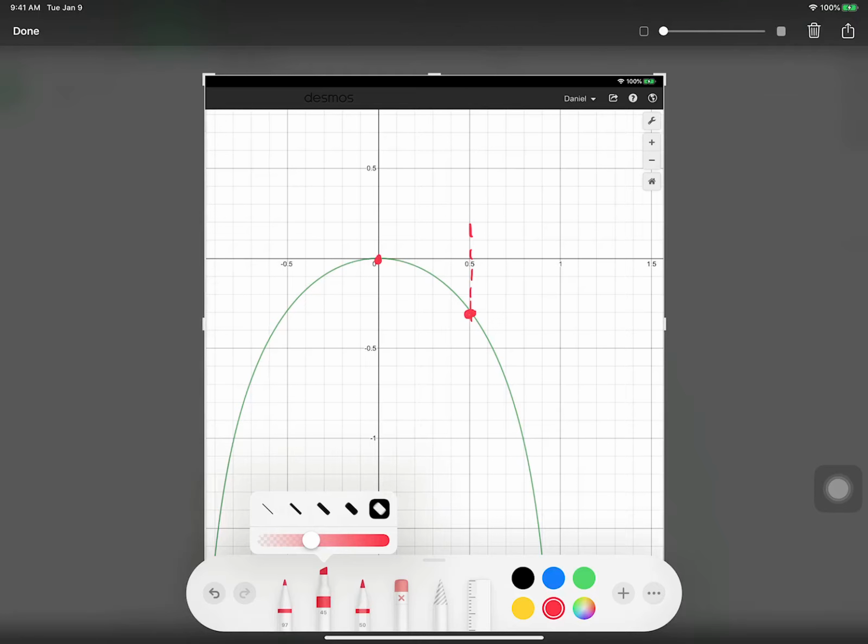Maybe this? That looks just a little better. And I reduced the opacity on that, so that's a bit better. And now this is the arc length. This is what we're looking for. This is x is 0. Remember this? And this line is x is 1/2.